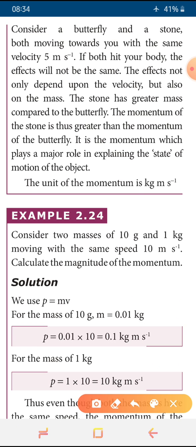The butterfly's effect will be very small because its mass is very less, but the stone will give more impact when it hits our body. This is because of mass. So we can say the momentum is maximum when the object has greater mass, and the momentum is lesser when the mass is less.